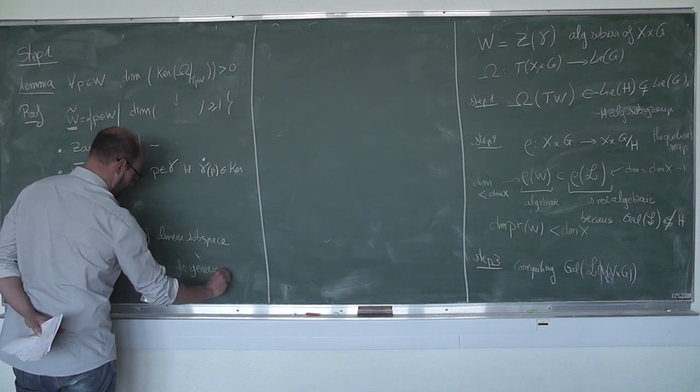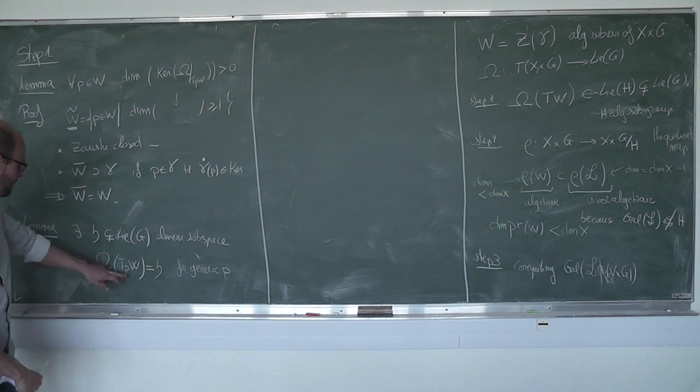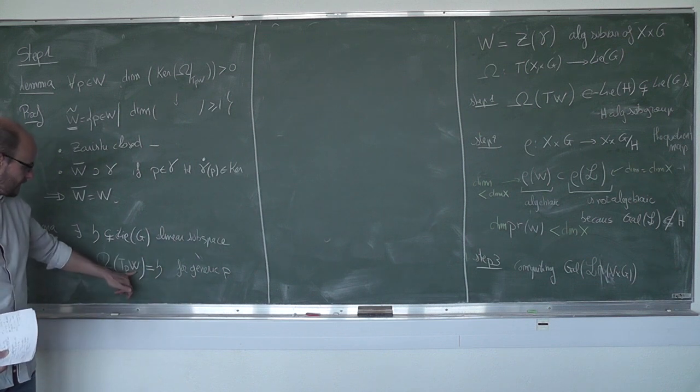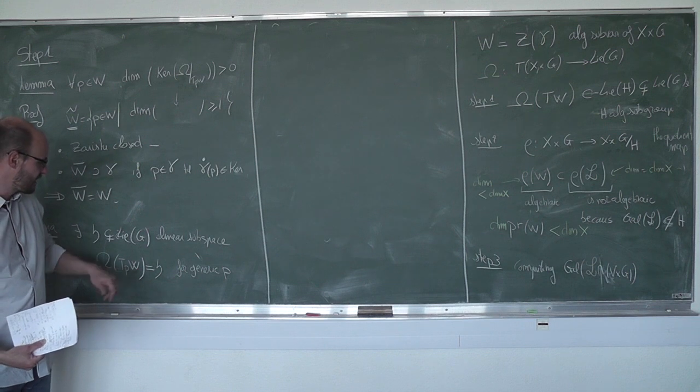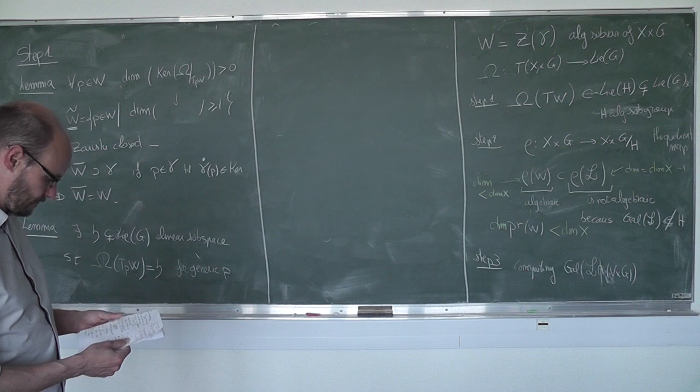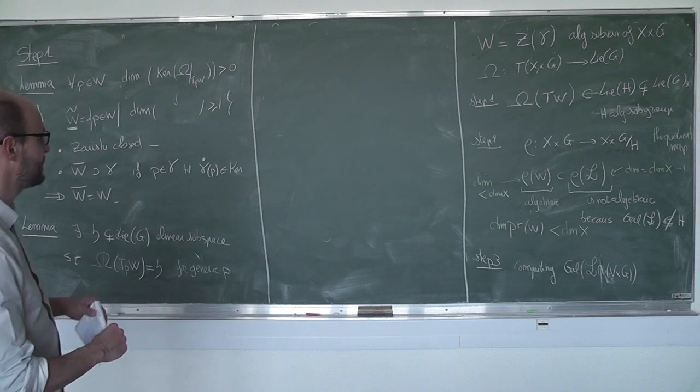Generic p means p in W, but maybe not in a codimension 1 closed algebraic subvariety of W. Okay, the proof is here.